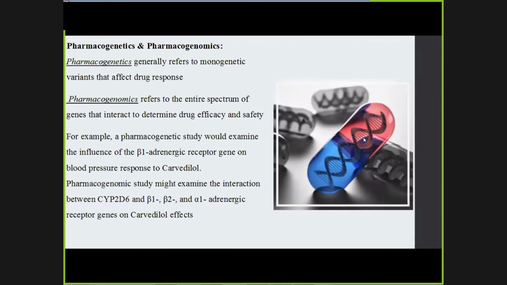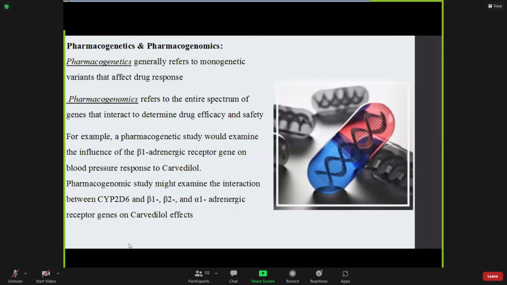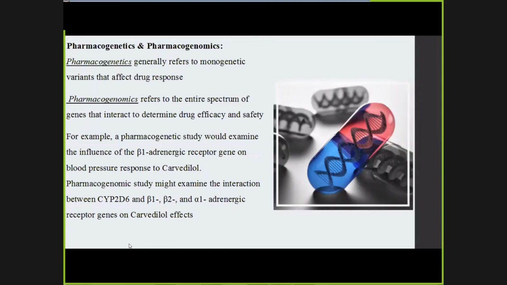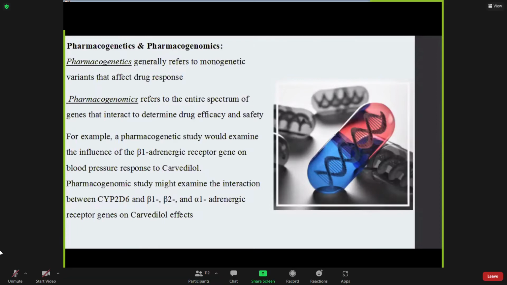Pharmacogenetics and pharmacogenomics. The difference between these two you will learn in detail in your general pharmacology theory classes. But in short, pharmacogenetics refers to the monogenic variant that affects drug response. So it is the change that affects the response of the drug in our body.